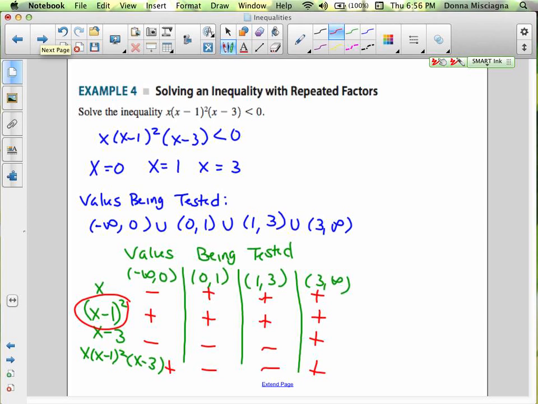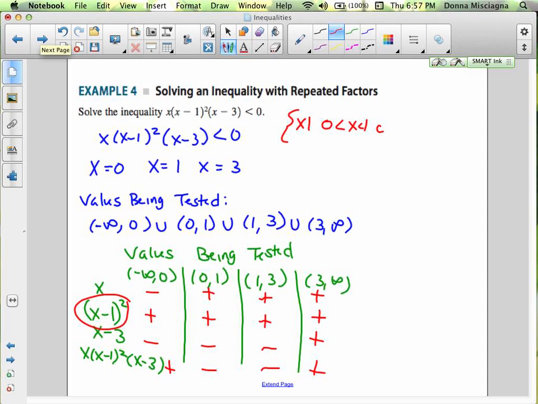So our solution set is going to be x such that x is between 0 and 1. Oops, I forgot my sign there.